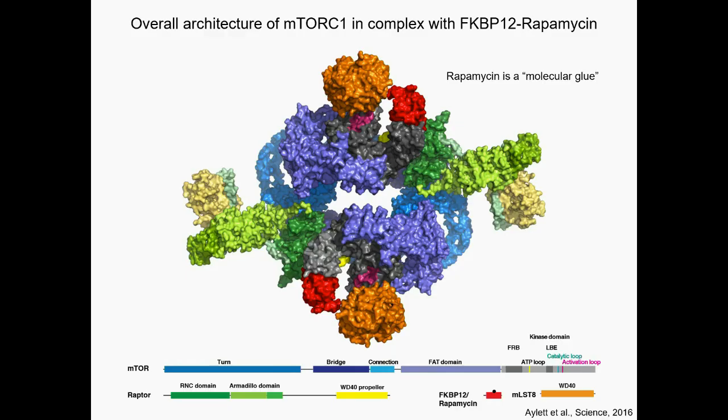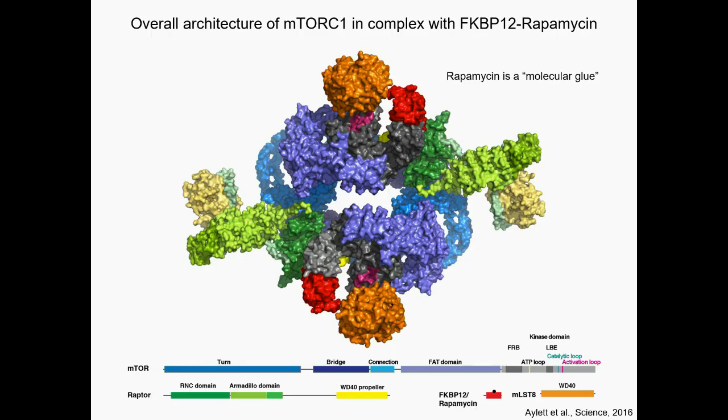So TOR complex 1 can no longer phosphorylate its substrates because FKBP sterically hinders access to the catalytic site. Rapamycin alone cannot inhibit TOR complex 1 because it simply doesn't have sufficient mass to block access of substrates to the site.